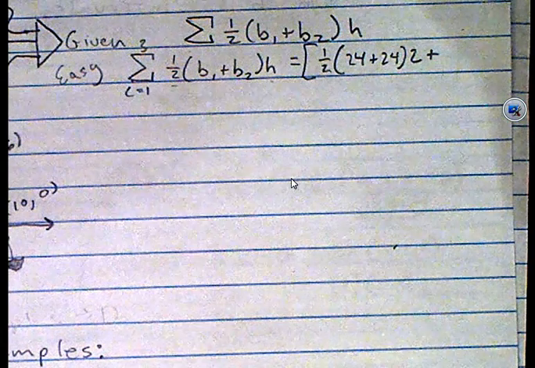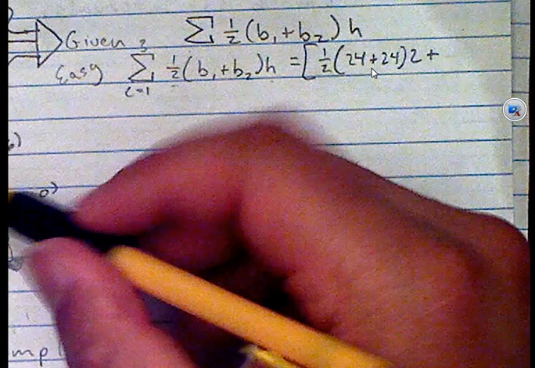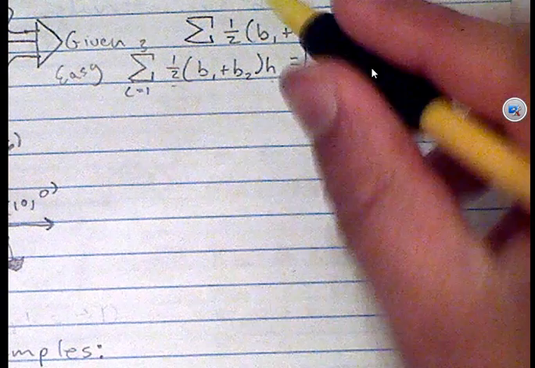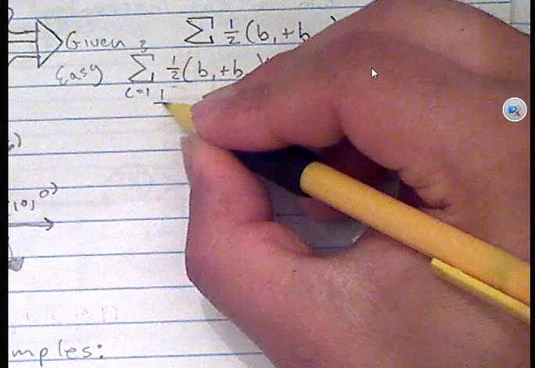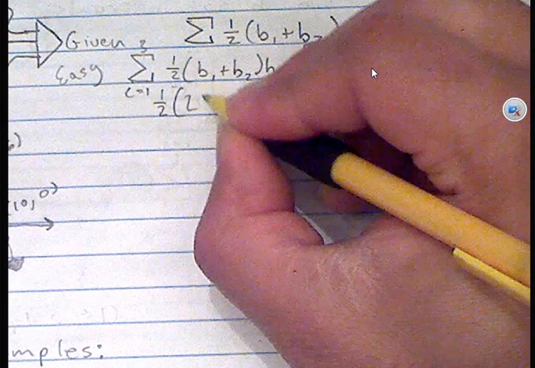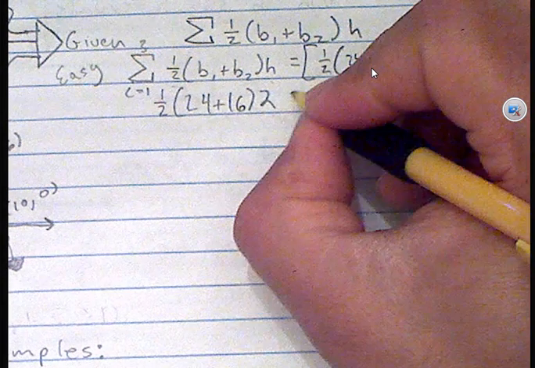Okay, 24 plus 24. Alright, let's look at the second one. 24 and 16, so I got 1/2 times 24 plus 16 times 2, plus 1/2.